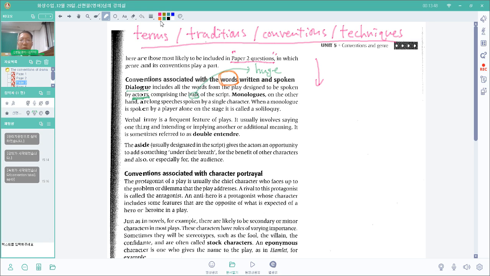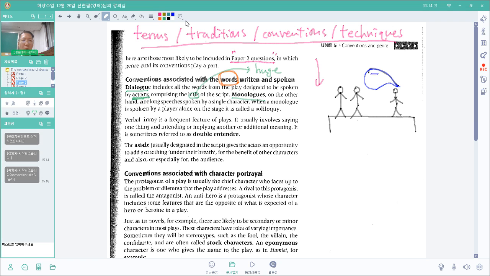And monologues, on the other hand, are long speeches spoken by a single character. So with a monologue, we have a stage, and several actors and actresses, and suddenly one actor makes a long speech while together with other actors.